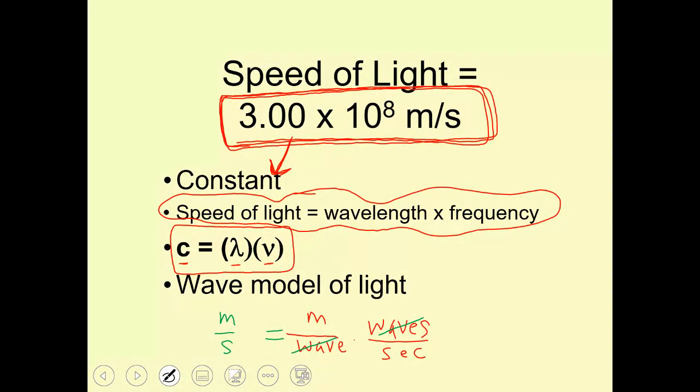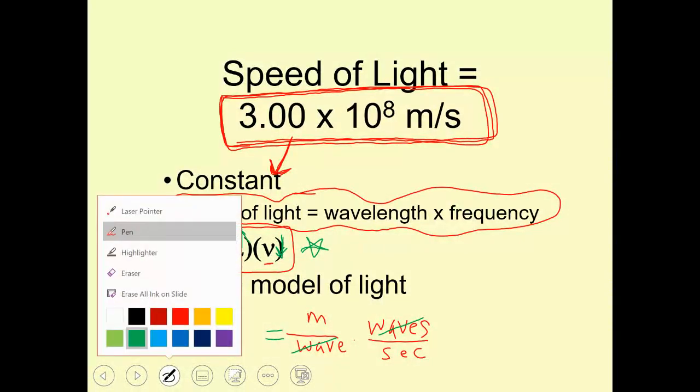So this equation works for all of the different forms of electromagnetic energy that are moving at the speed of light. As the wavelength gets bigger, the frequency has to get smaller to keep this as a constant. That should make sense, because if the waves are further apart, then fewer peaks will go by in a unit of time.